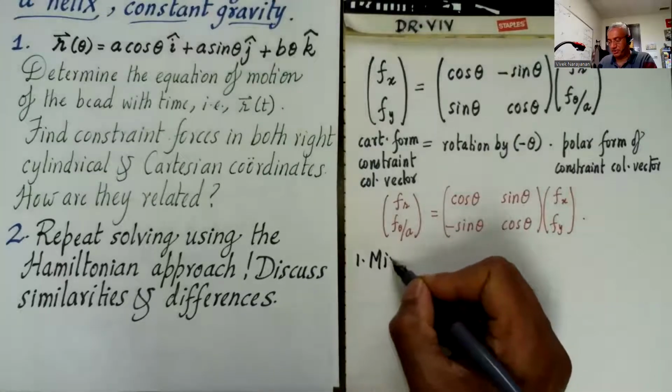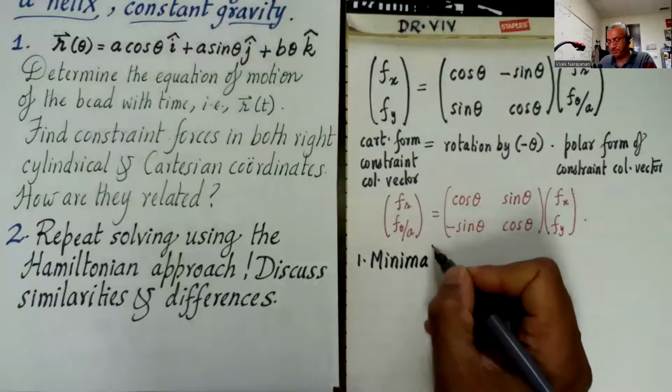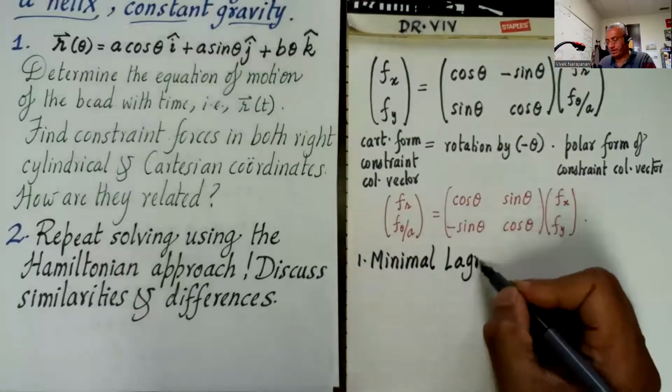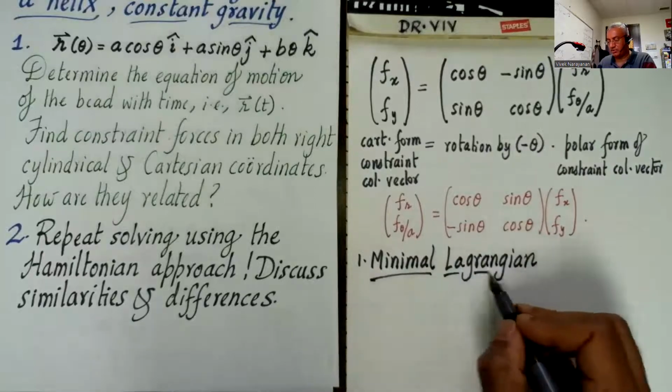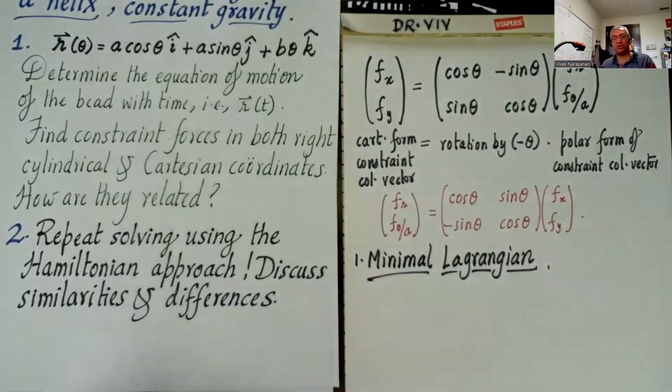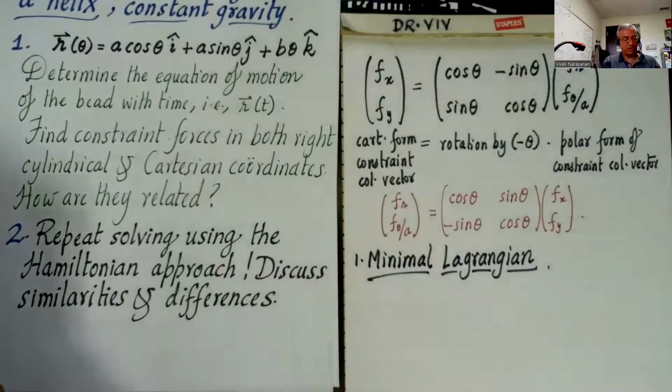So let's do the minimal Lagrangian. Right away, you see that when you incorporate the constraints to form the minimal Lagrangian, you will lose all information about the constraint forces. Hopefully, the Hamiltonian approach will give us something back for all that loss. Let's see what that new information you get would be.